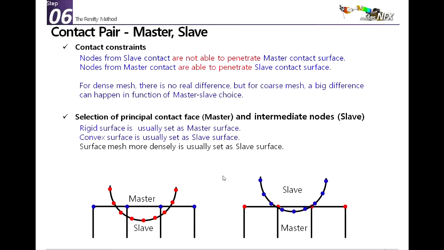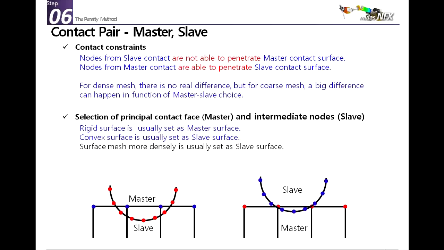If you want to know how you usually define the master surface and the slave surface, usually the rigid surface, let's say the ground, is defined as the master, whereas the other surface, the one that crashes on the ground, is the slave surface.